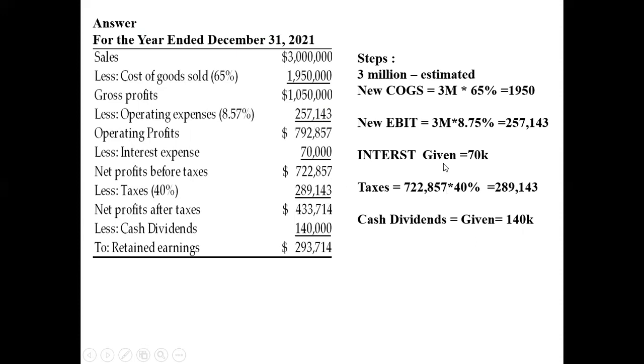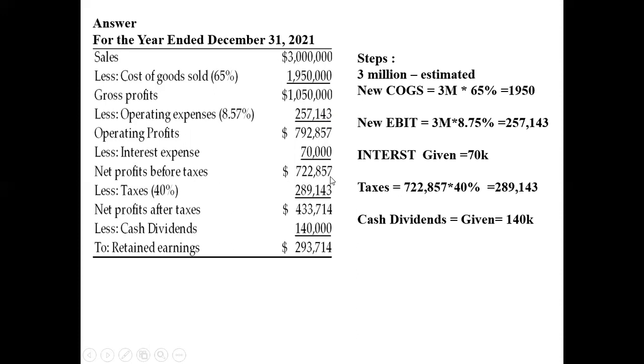And then we go for the interest, it is given, and then we have to calculate the taxes. We took the net profit after tax, after we subtract the COGS, giving me the gross profit. We subtract the operating expenses, giving me operating profit. We subtract the interest, and then it gives me net profit before tax.